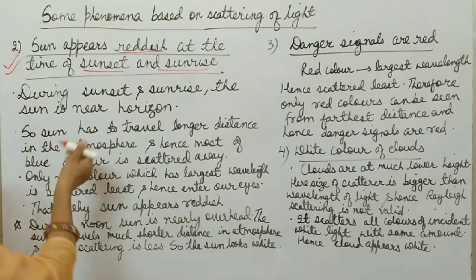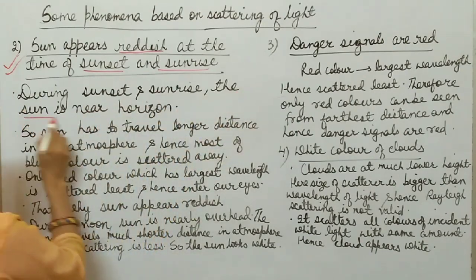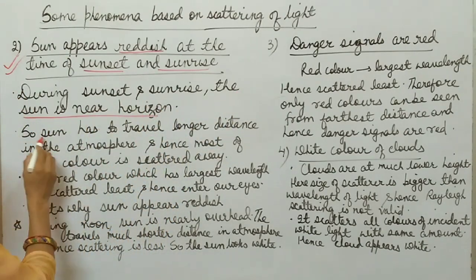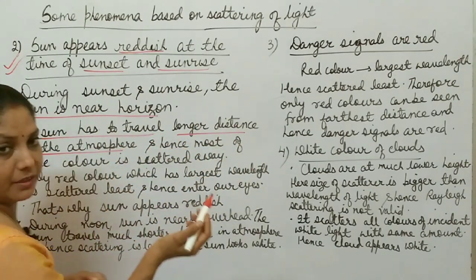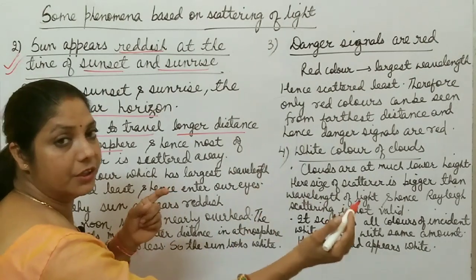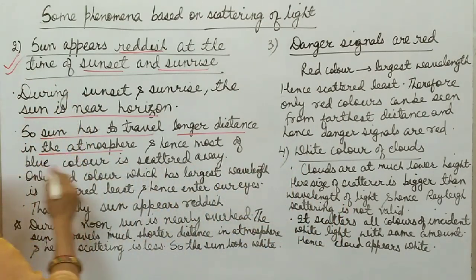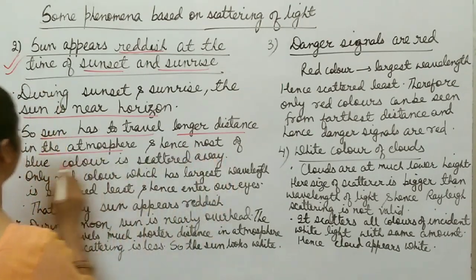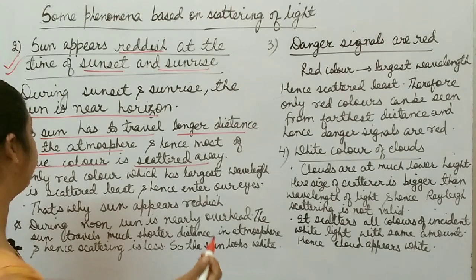So you have to write reasons like this one. During sunset and sunrise, the sun is near the horizon, right? So the sun has to travel a longer distance in the atmosphere, and hence most of the blue color is scattered away because blue color has shorter wavelength.